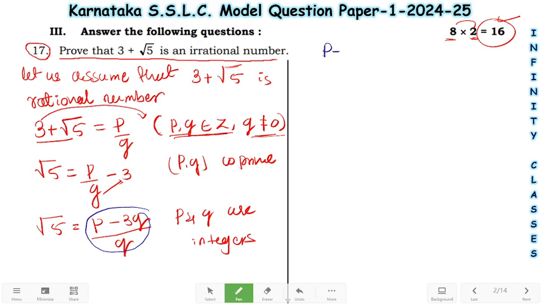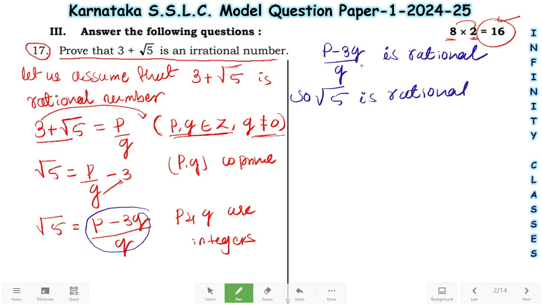P minus 3Q divided by Q is rational. Therefore root 5 is also rational, because P minus 3Q divided by Q is equal to root 5. So if the right hand side part is rational, then root 5 is also rational.